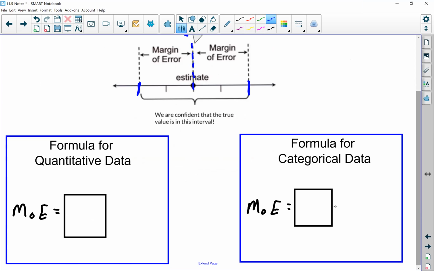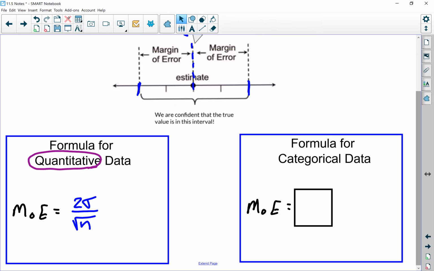All right, so if we have quantitative data, this would be like the number of miles from home, the number of pets in a given group of people, shoe size, things like that, things that are measured and have a numeric value associated with them.